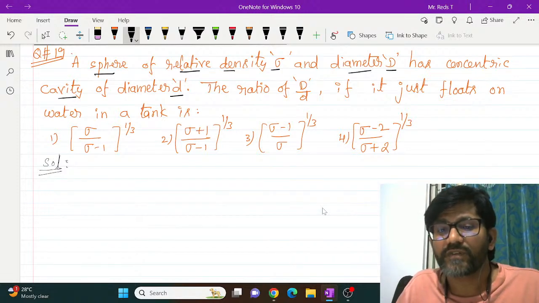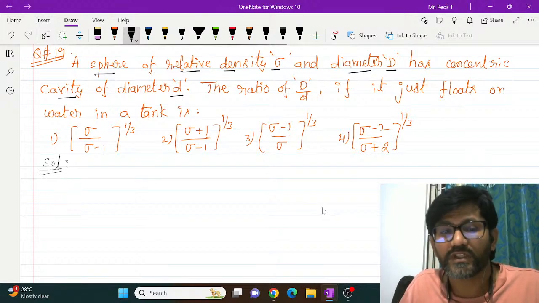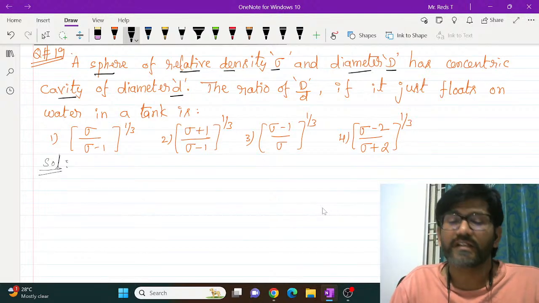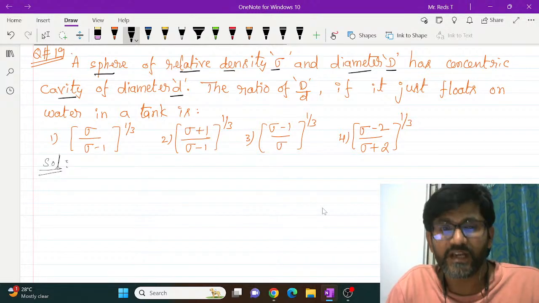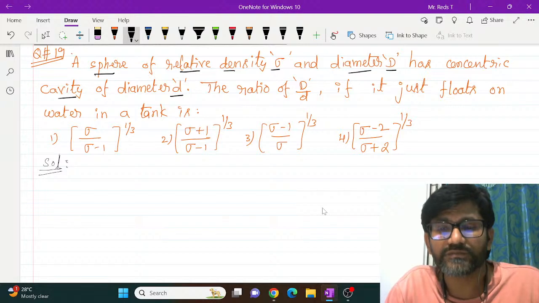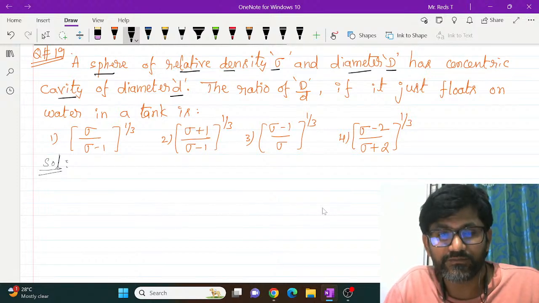Then the ratio of capital D by small d, if it just floats on water in a tank, is. So here what you have to understand is what is given and what you are asked to find. This is from the chapter Mechanical Properties of Fluids, and specifically the concept is buoyancy.